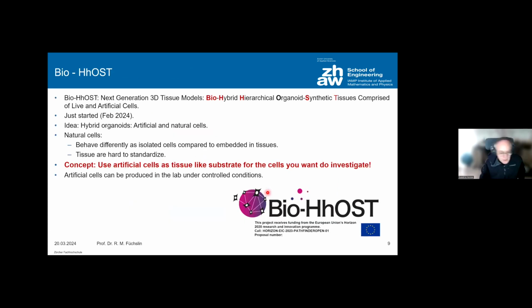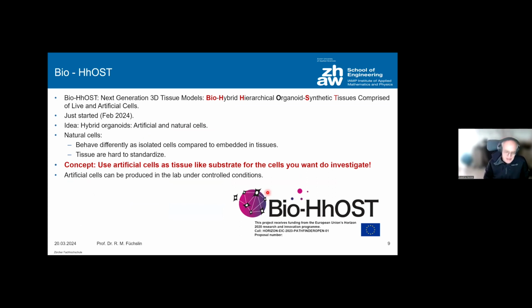Presently, we extend this work to a project that is called Bio-HOST. It's next generation 3D tissue models, biohybrid or hierarchical organoid synthetic tissues comprised of live and artificial cells. You realize I still have to get acquainted with this new acronym because the project just started this February.